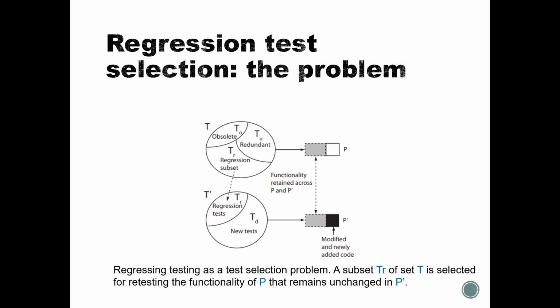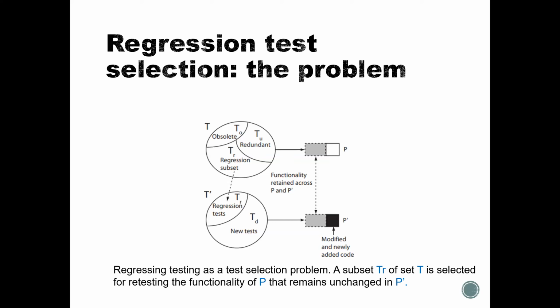We need to find a test TR on which P dash is tested to ensure that the code that implements functionality carried over from P also works here correctly. If you see in this figure, this TR is a subset of T, which we had used earlier for testing P.